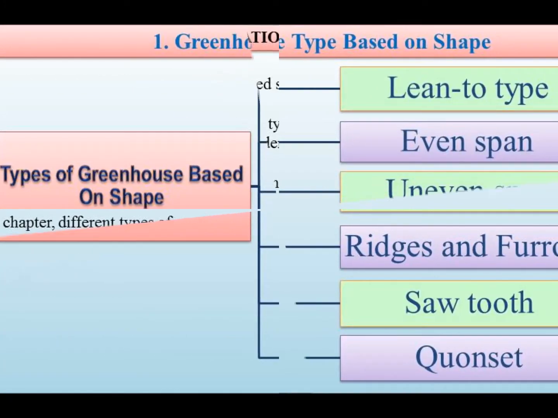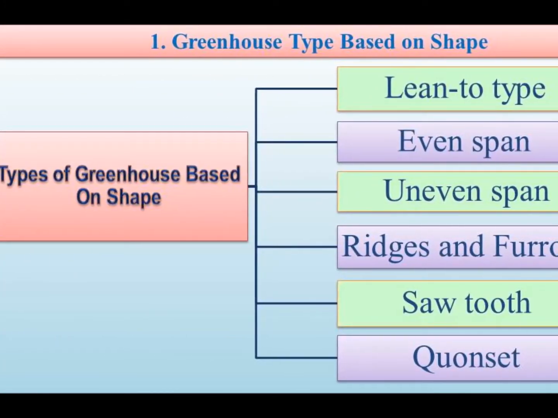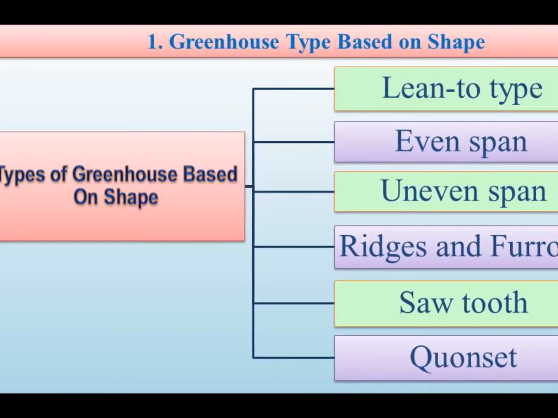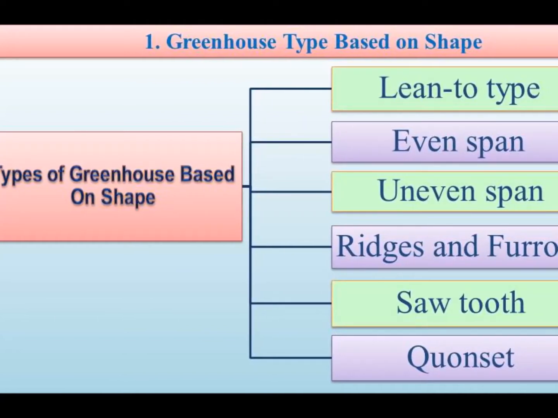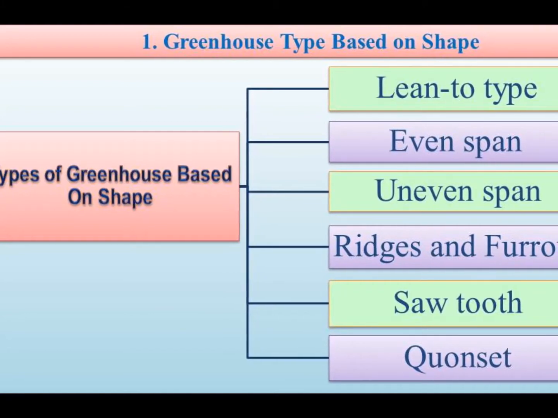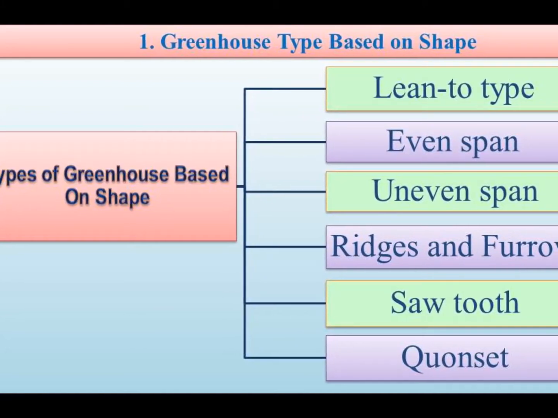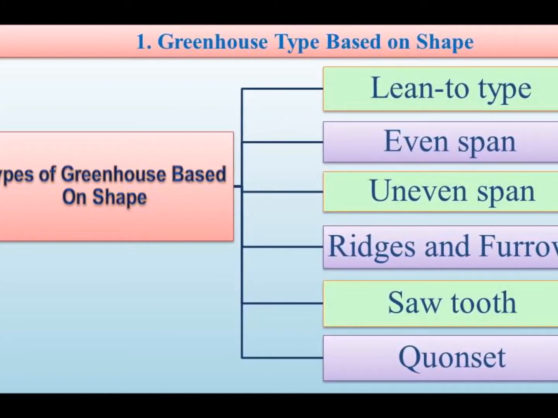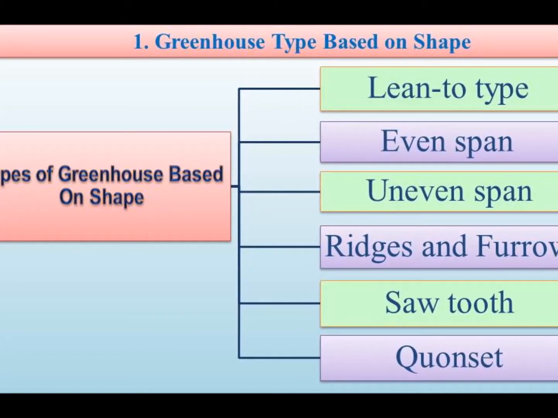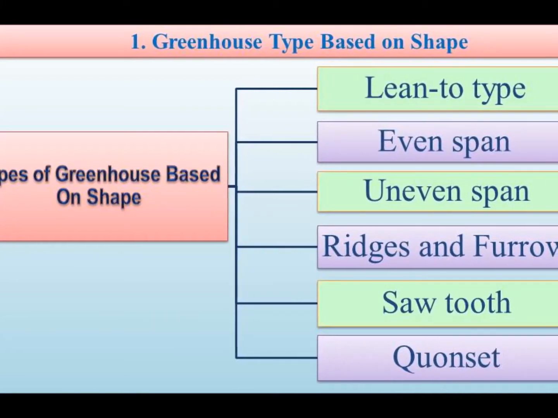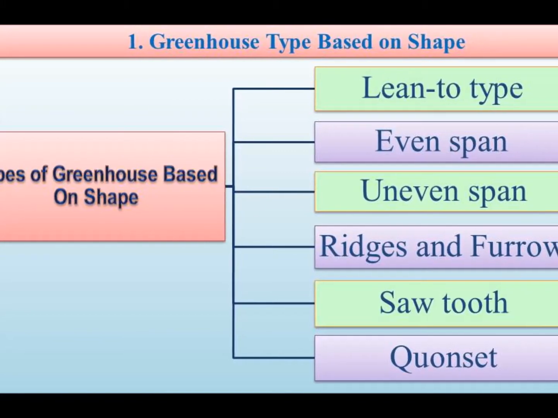Next, we will discuss the classification of greenhouse according to its shape and styles. The styles of greenhouse vary widely, so how they are built and what they are built from matter.